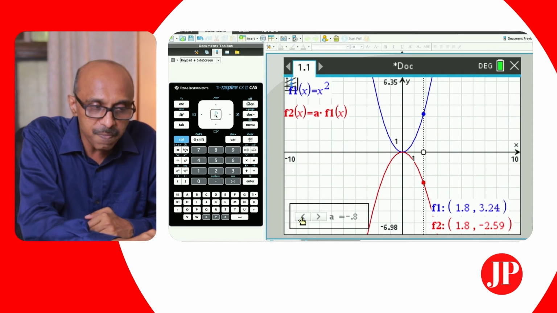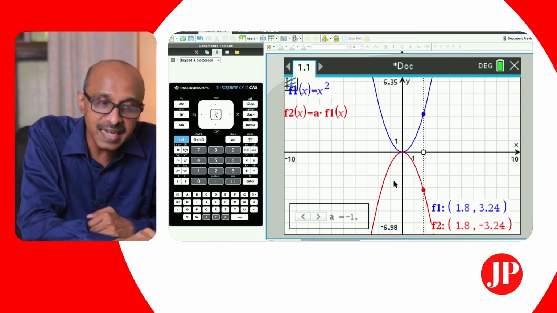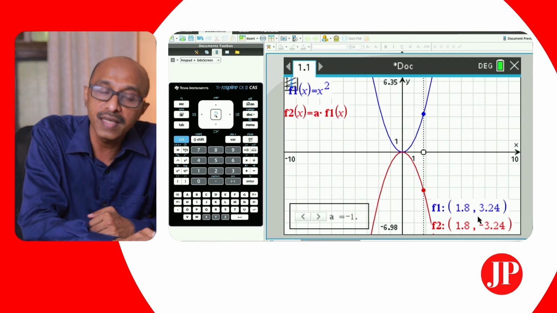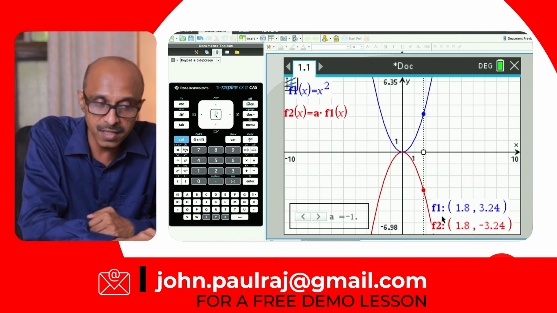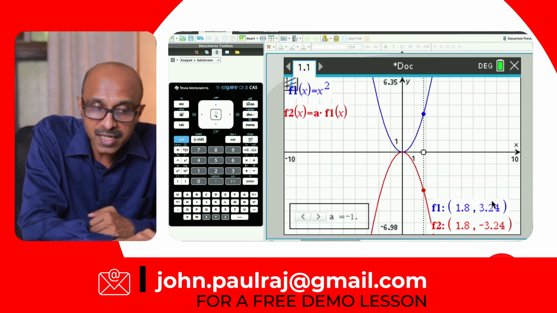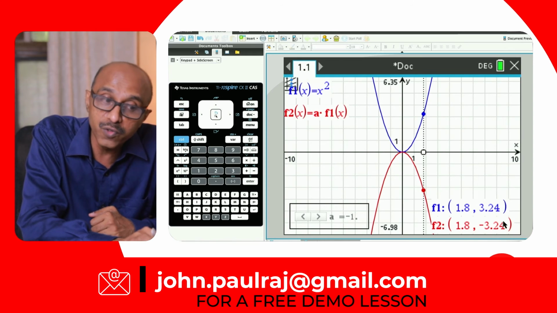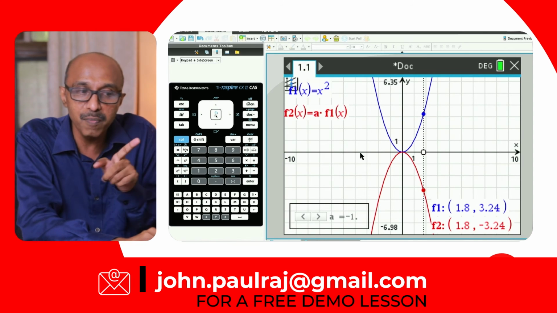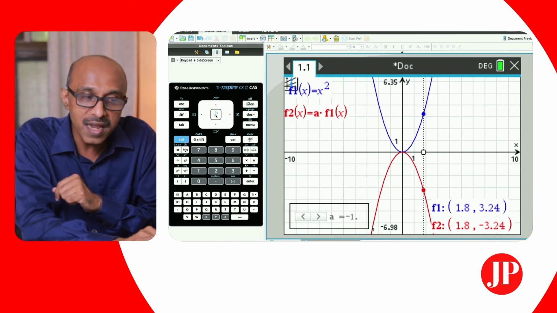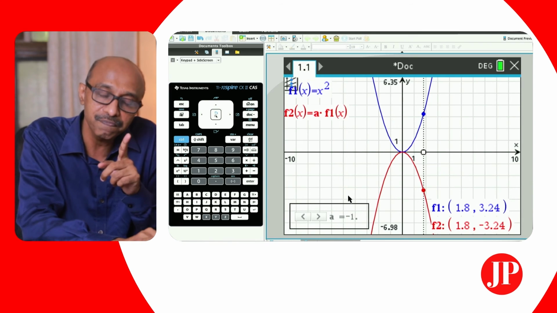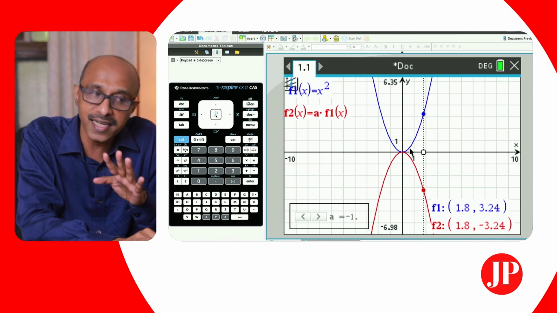So as we keep reducing, you can see that when it hits -1, it's a clear reflection. Look at these points. X is 1.8 for both the graphs. The parent function is blue. The transformed function is the red graph. 3.24, -3.24. That's a clear reflection about the x-axis. So basically what's happening is that whenever you have a negative value for a, it's a reflection about the x-axis.